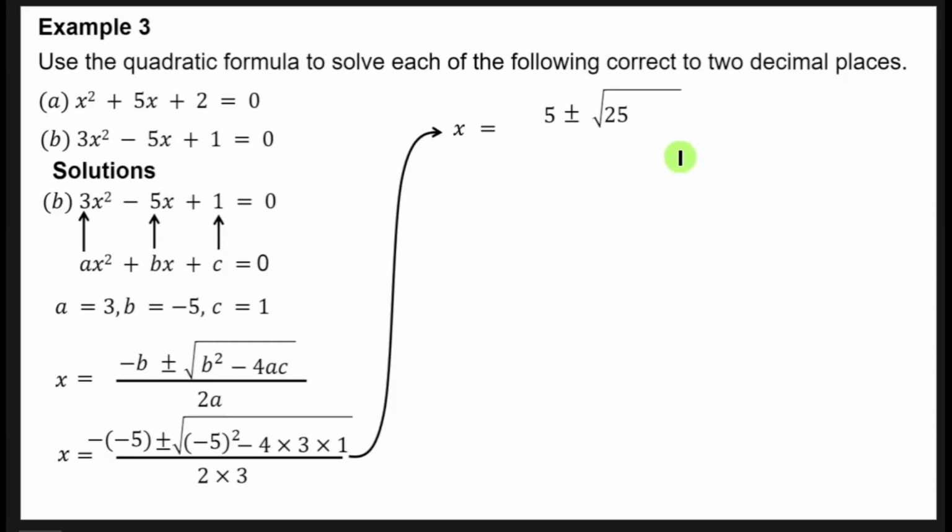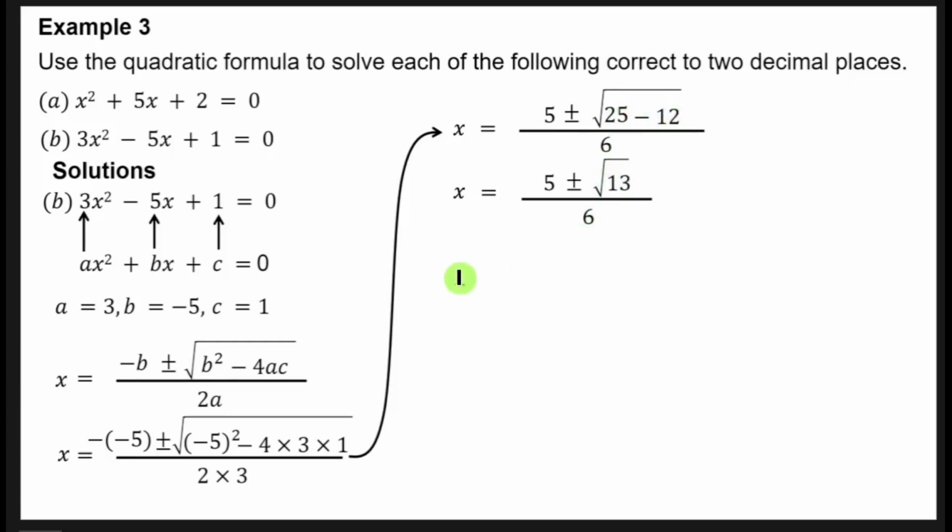All right, so now we'll say over 2 times 3, which will be 6, then we'll say equals 5 positive or negative square root of 25 minus 12, which will be 13, over 6.